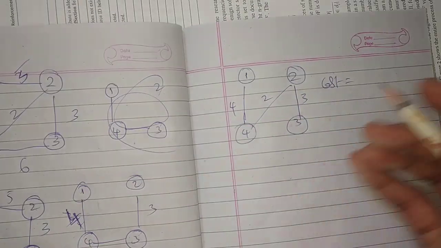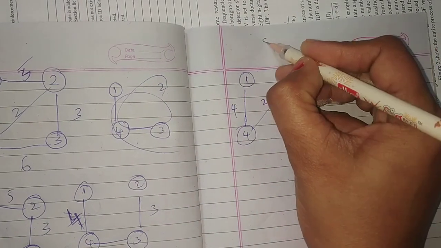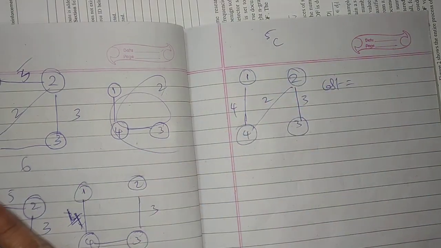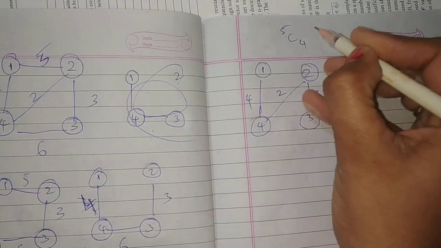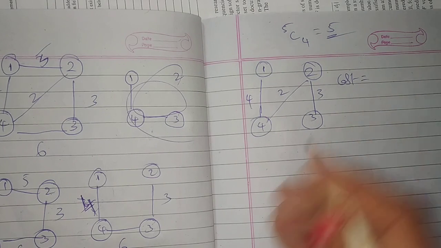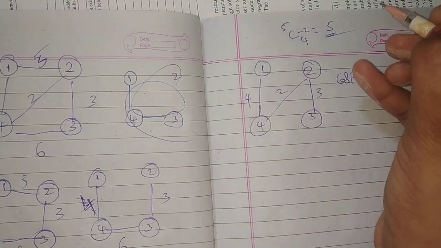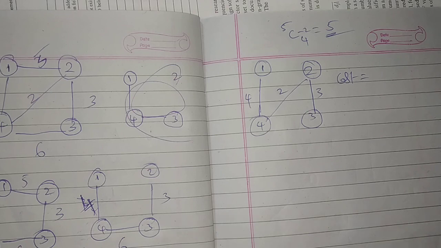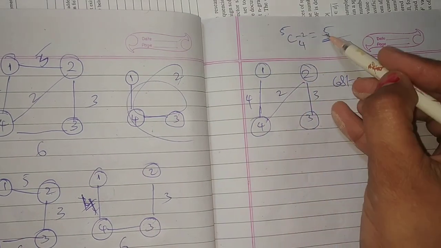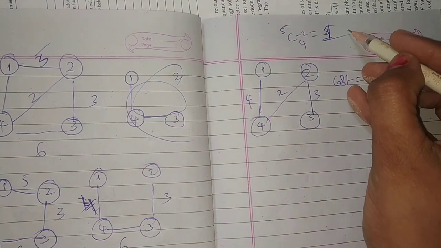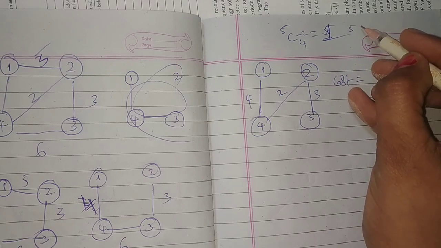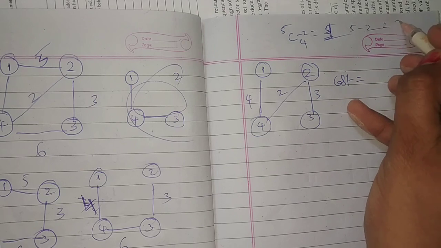How many different combinations will generate? 5 C 4. Right? So you will get 5. Are there any cycles? Then minus 2. Okay. Right, 2 cycles, minus 2. So you will get that answer, 5 minus 2, 3.